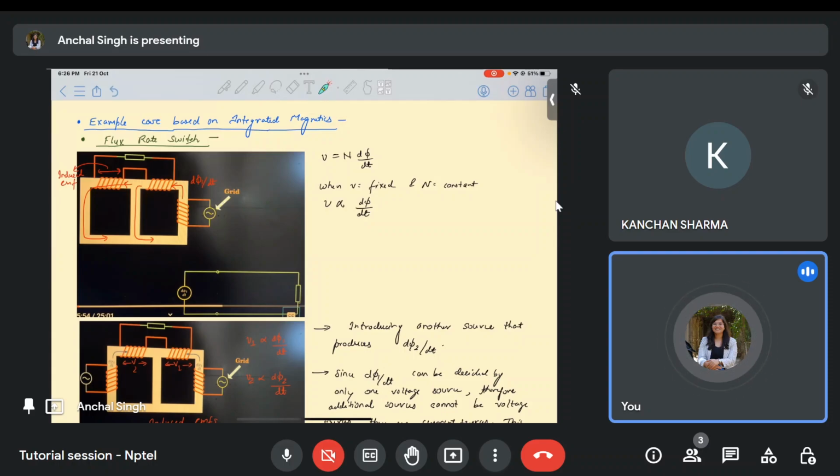So, in this example, we are using something called a flux rate switch. What happens here is you all have seen these cores, right? These are iron cores that we use in transformer manufacturing also. Suppose I take a few laminations of iron core and I connect a grid supply to it. And to another set of winding, I connect this load.